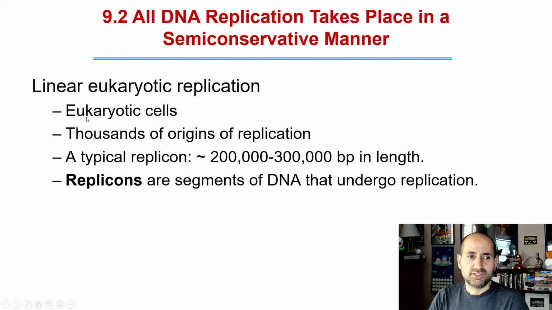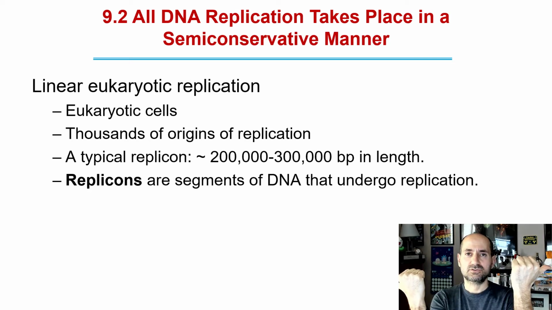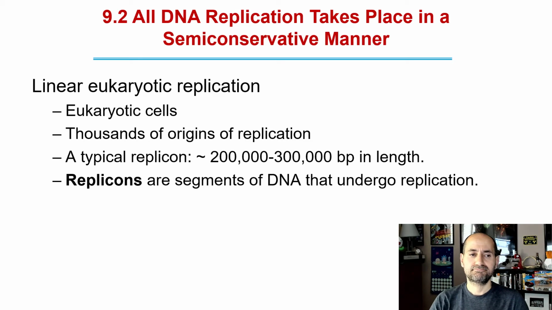So remember that eukaryotic cells undergo DNA replication a little bit different than prokaryotic cells. Prokaryotic cells have one circularized chromosome with a single origin of replication, and at that point you have a replication bubble with two replication forks heading in opposite directions during replication of the DNA.